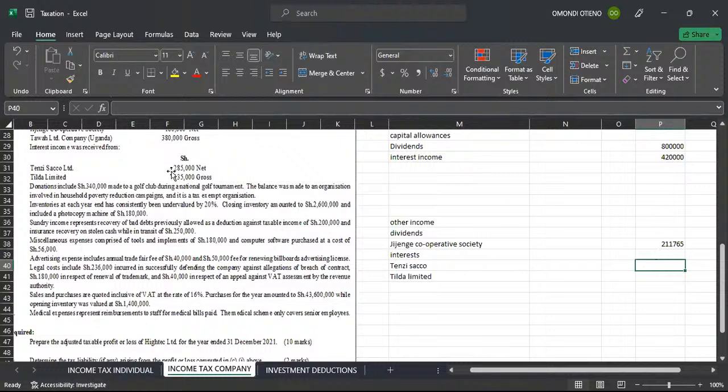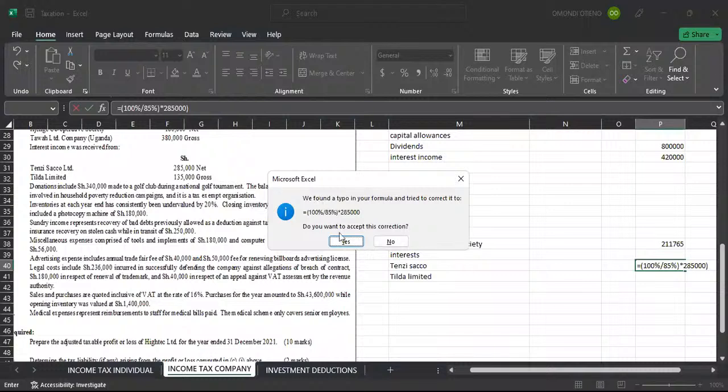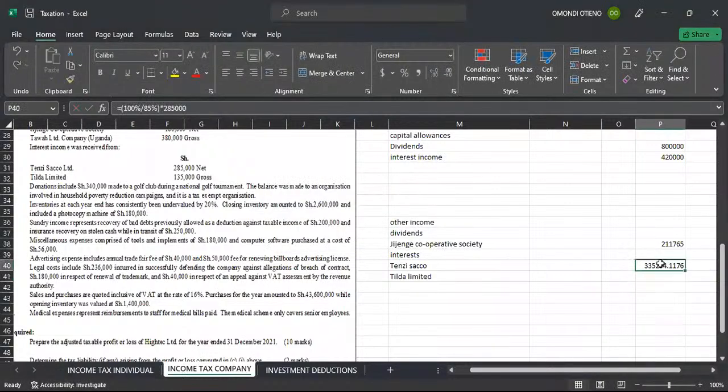The real value, we put it if 85% is equal to this. 85% is equal to this. 100% will be what? 335,294 is equal to 100% divided by 85%, then we multiply by 285,000. If you multiply, that's what we are getting.